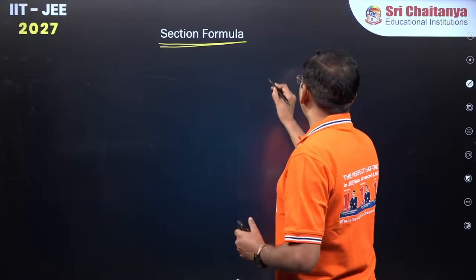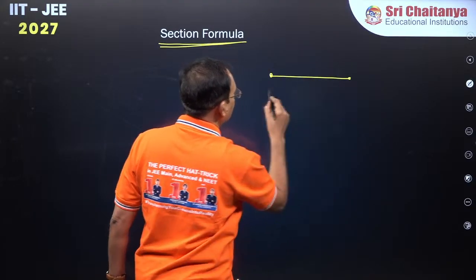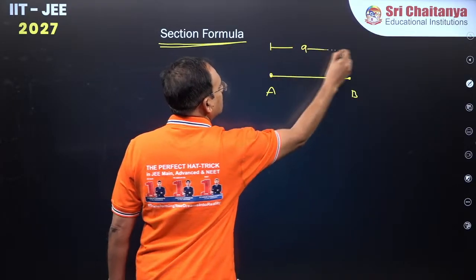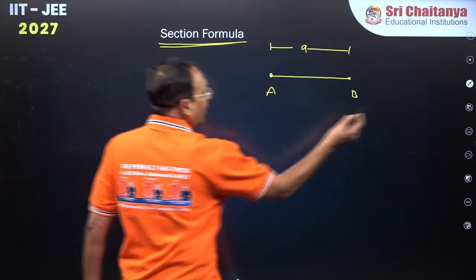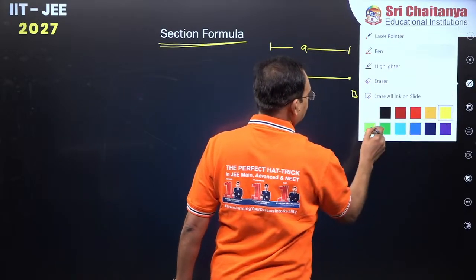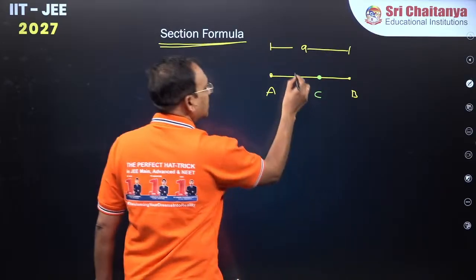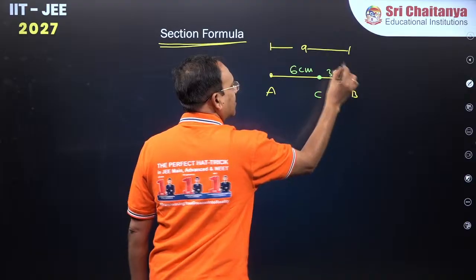Suppose there is a line segment AB of length 9 units. And let us take one point here, say C, such that this is 6 centimeters, this is 3 centimeters.